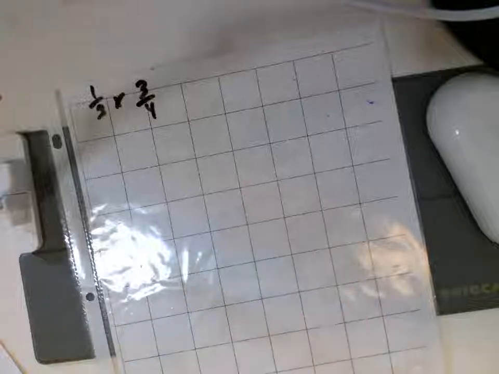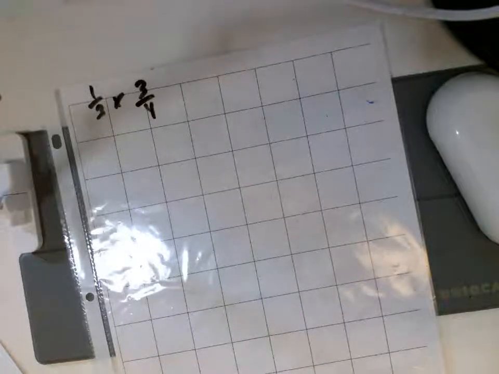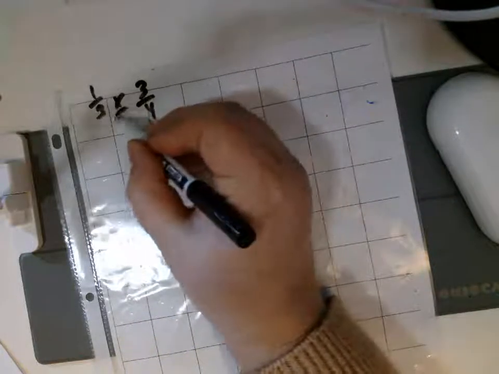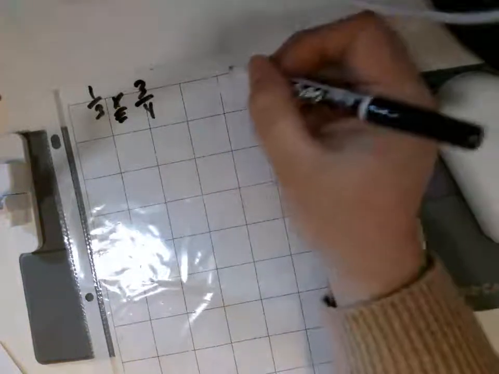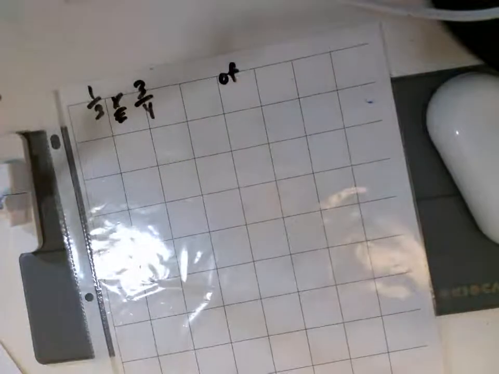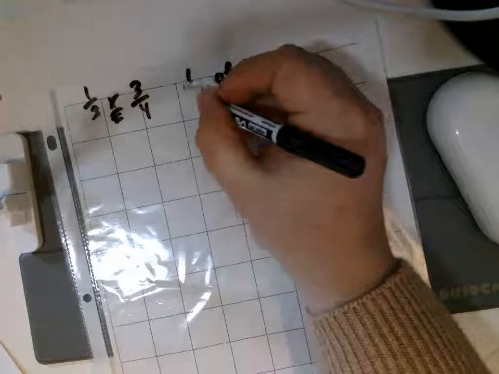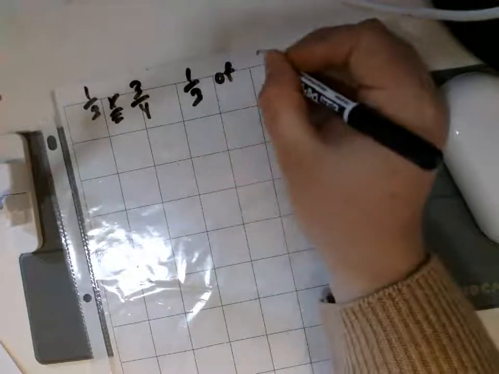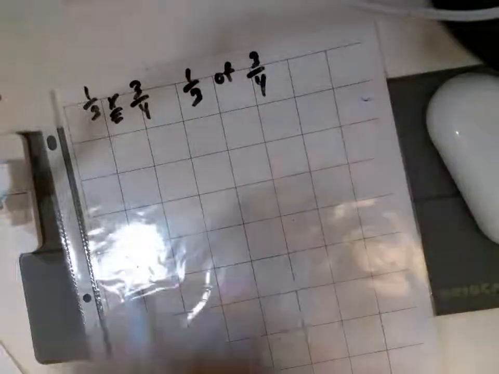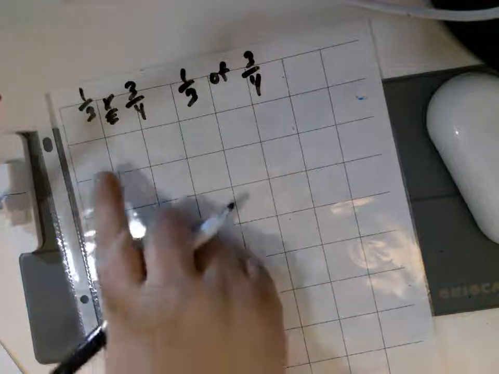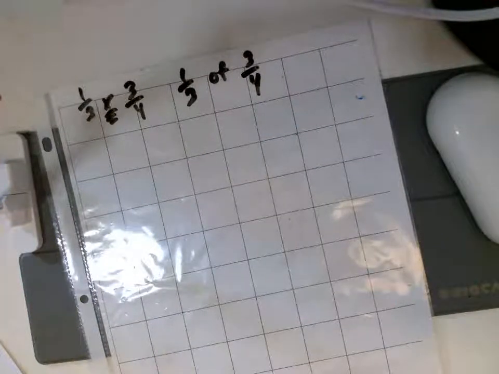Okay. But there's another way that we can write this. We know that this symbol of multiplication really means of. Okay. So you can say 1/3 of 3/4. Okay. So make sure you have that written on your paper. Okay.